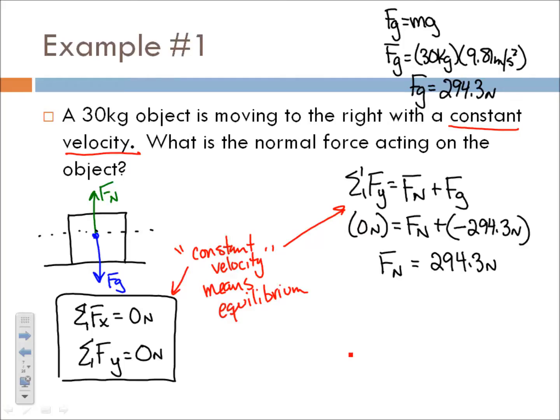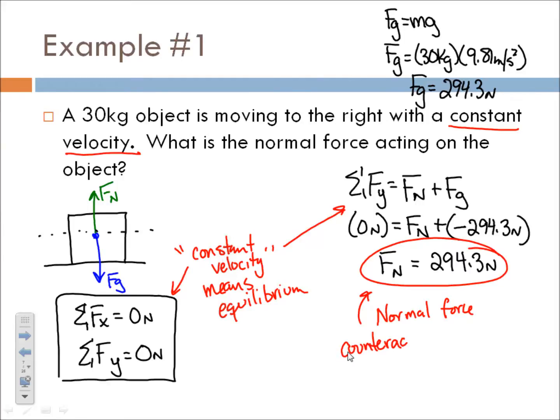And so together, they are going to cancel each other out, and they're going to give us a net force of 0 in that direction. That'll give us our balance that we're looking for. So the normal force counteracts the gravitational force.